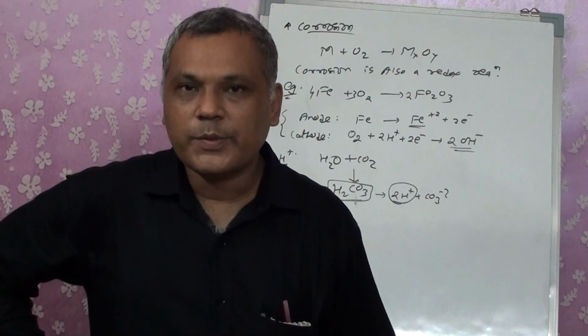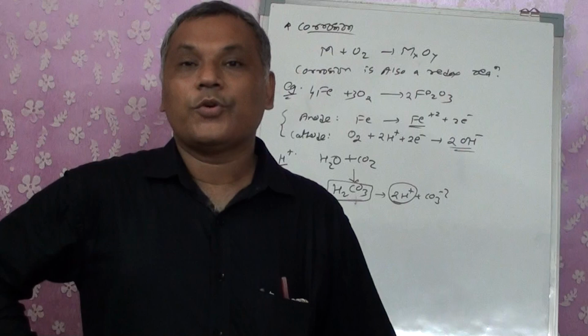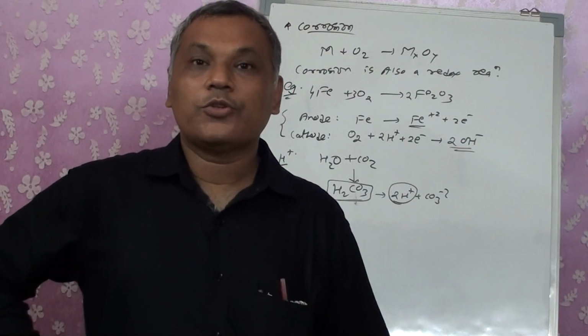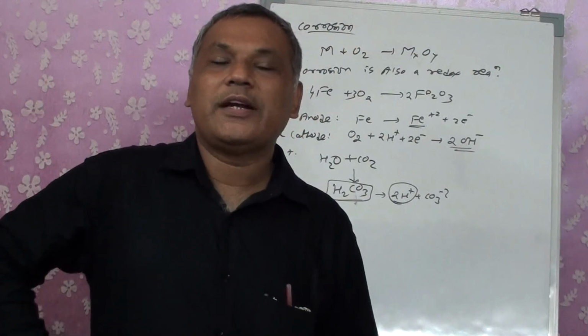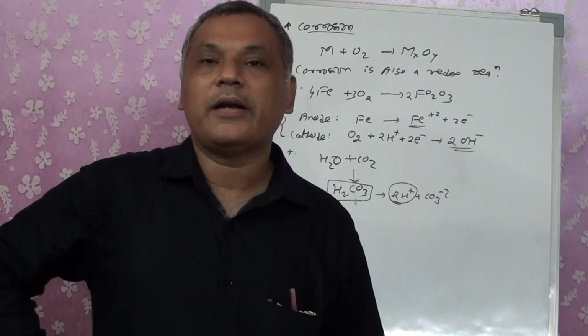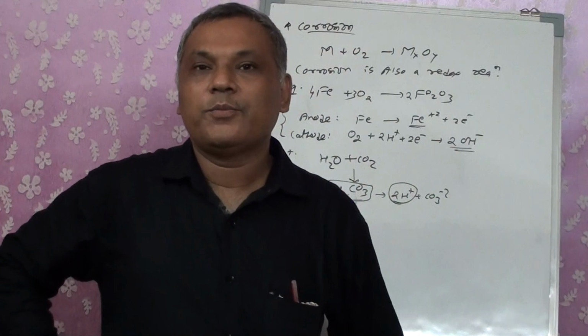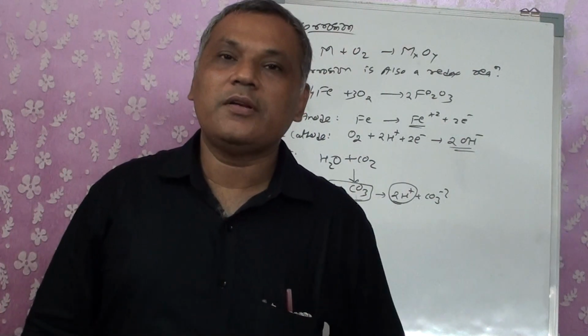Till Zn is present on it, Fe is protected. So Zn gets corroded, but Fe is protected. One is destroying itself for the protection of the other. That is why it is considered a sacrificial metal, which sacrifices itself and protects the other. So they are also known as sacrificial metals.